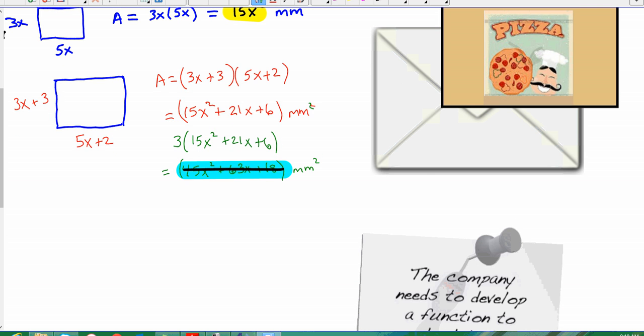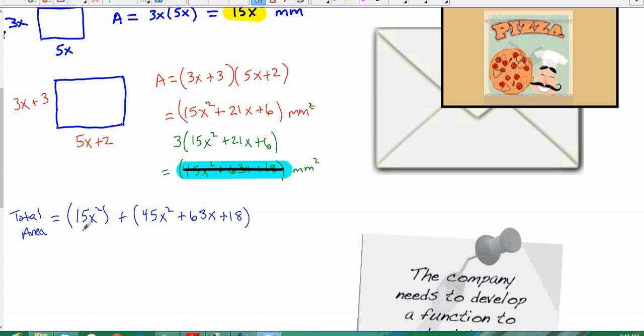So we have the first area is 15x squared. So I'm going to say my total area is equal to 15x squared, this function, plus the function that we just found, 45x squared plus 63x plus 18.